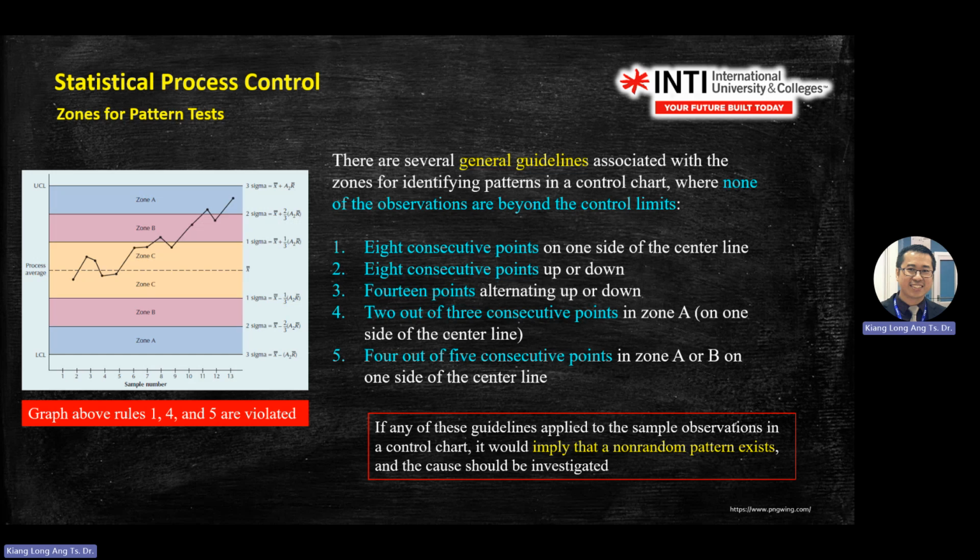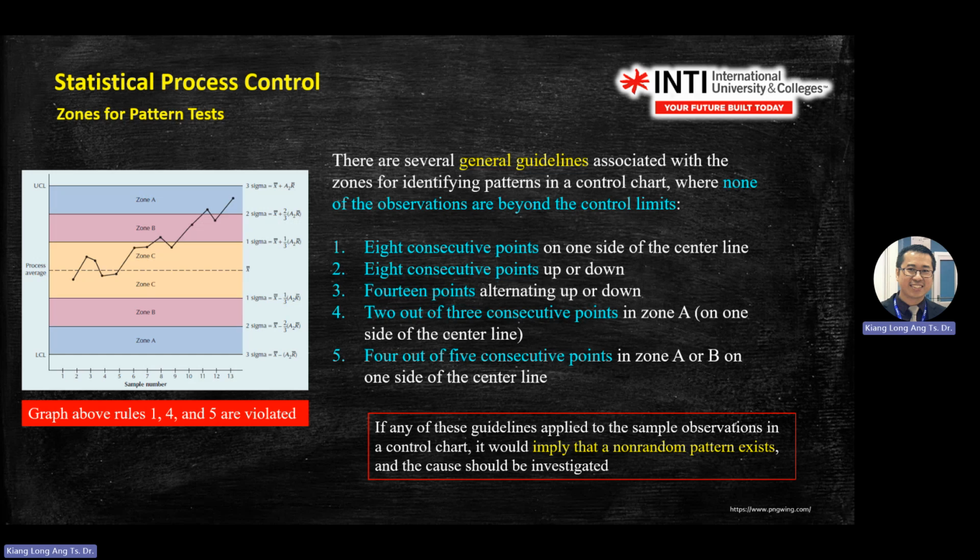If 8 consecutive points go up or down, also out of control. 14 points alternating up and down, also out of control. 2 out of 3 consecutive points in zone A on one side of the center line, also out of control. 4 out of 5 consecutive points in zone A or zone B, one side of the center line, also considered an out of control scenario.